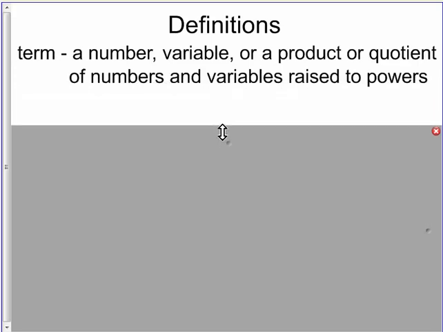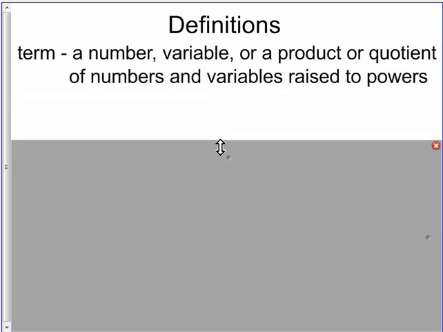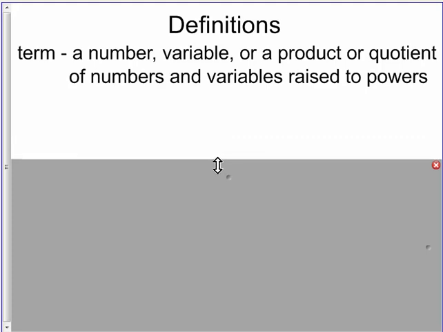First, a term. When we say like terms or terms, what is a term? A term is a number, variable, or a product or quotient of a number or numbers and variables raised to powers. So, keys in this one that we look at, a number. It could be 3. That would be an example of a term. 3x.